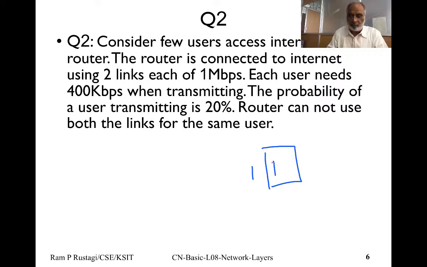So we have a router, one link, another link. This link is 1 Mbps. This link is also 1 Mbps.